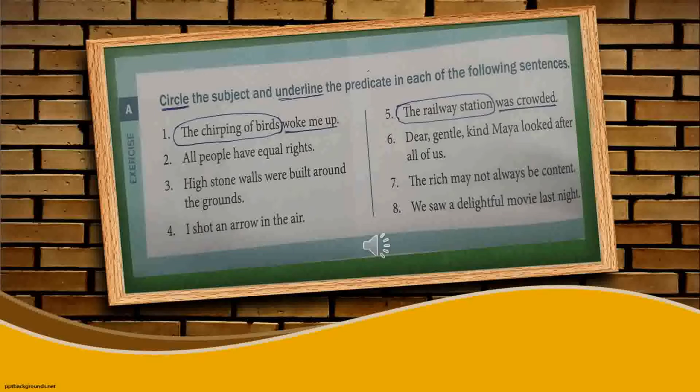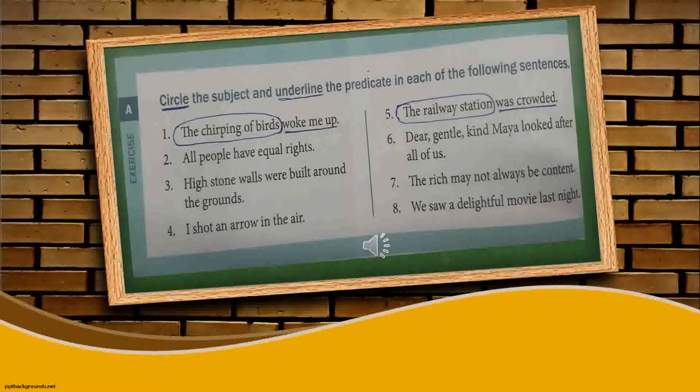Similarly, the remaining 6 sentences you have to do yourselves. So remember students, an easy tip. I have already informed you that in order to find the predicate of a sentence, you first have to identify the verb of that sentence, because in most cases the predicate of the sentence begins with the verb.